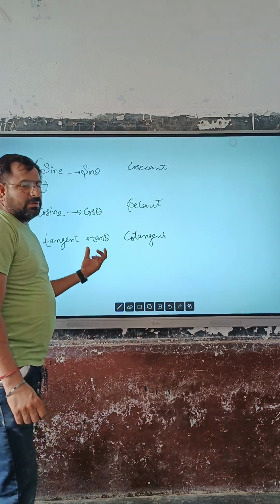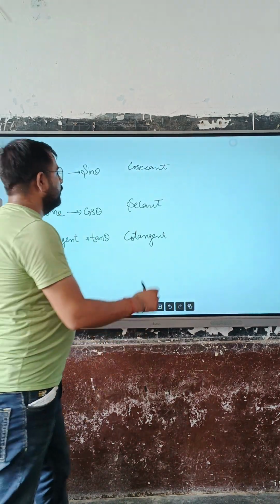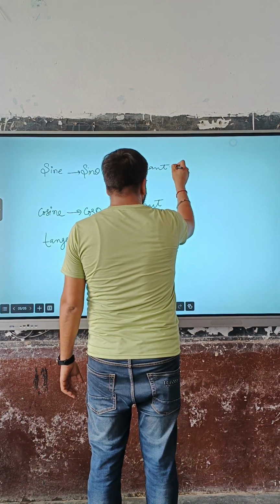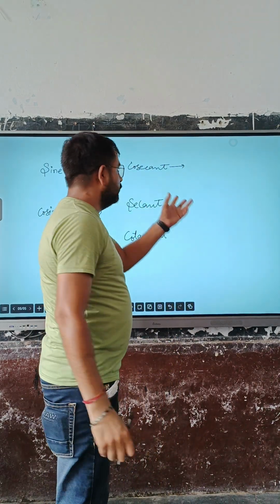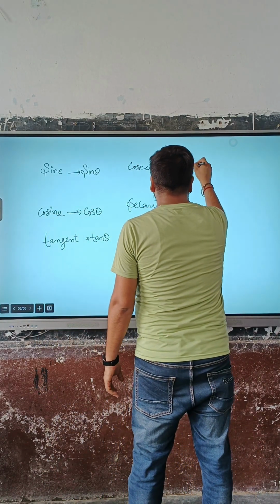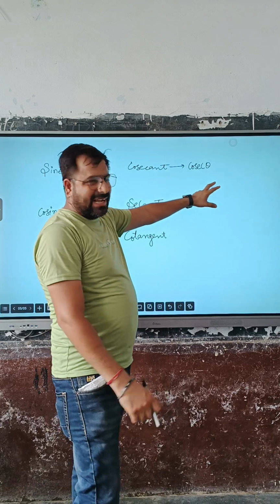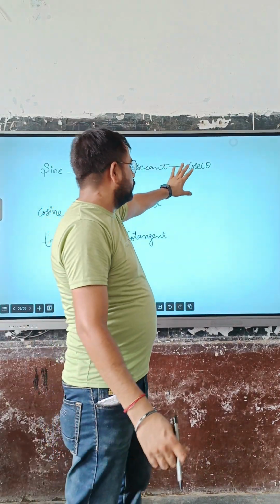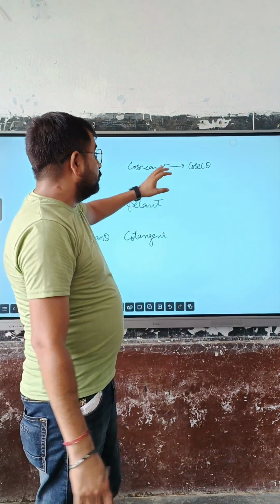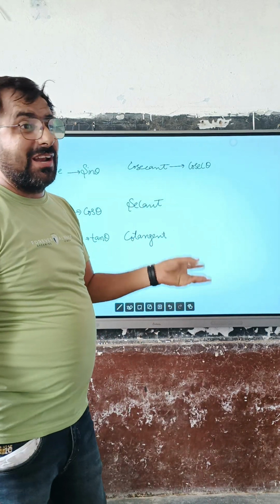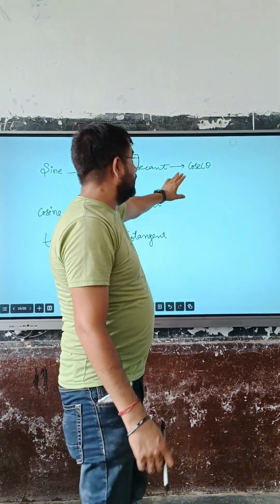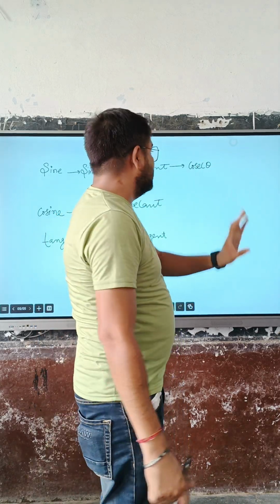So tangent is represented as tan theta, and whenever the angle is there, cosecant is written as cosec theta.